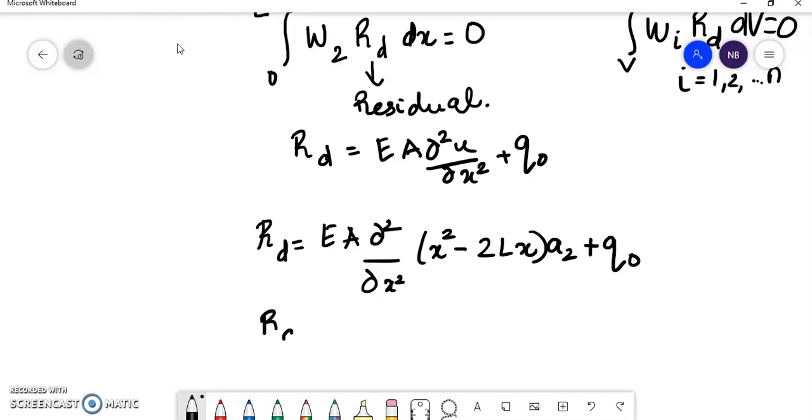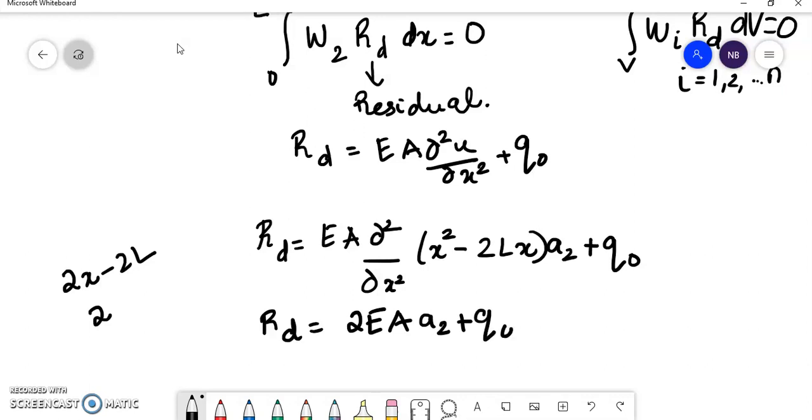We get, after differentiating this twice, if you differentiate the first time, you will get 2x minus 2l. If you differentiate another time, you will get just 2. So we have Rd equals 2EA into A2 plus Q naught. Let me call this equation 3, and now we have the value of Rd with us.